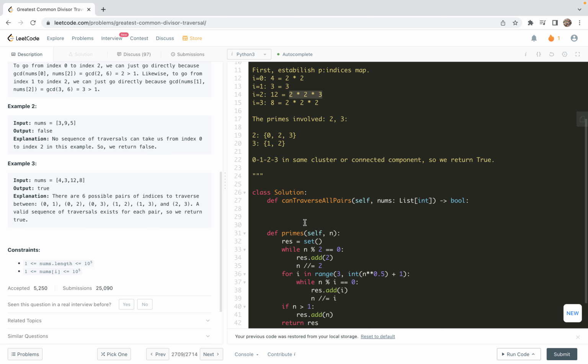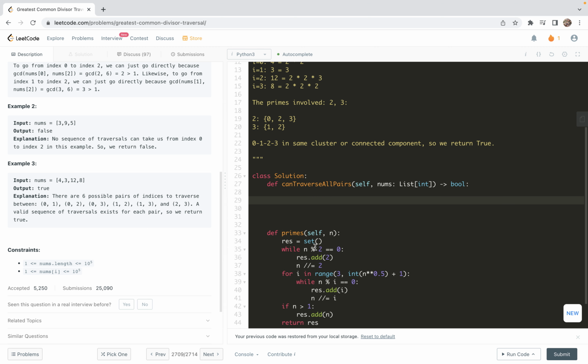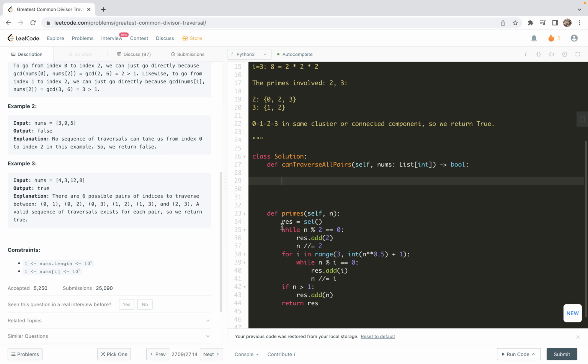And then we do another while: if n modulo i equals 0, then we add i to the result, then do integer division. Afterwards, if n is greater than 1, we add n to the result. Otherwise, we just directly return the result.